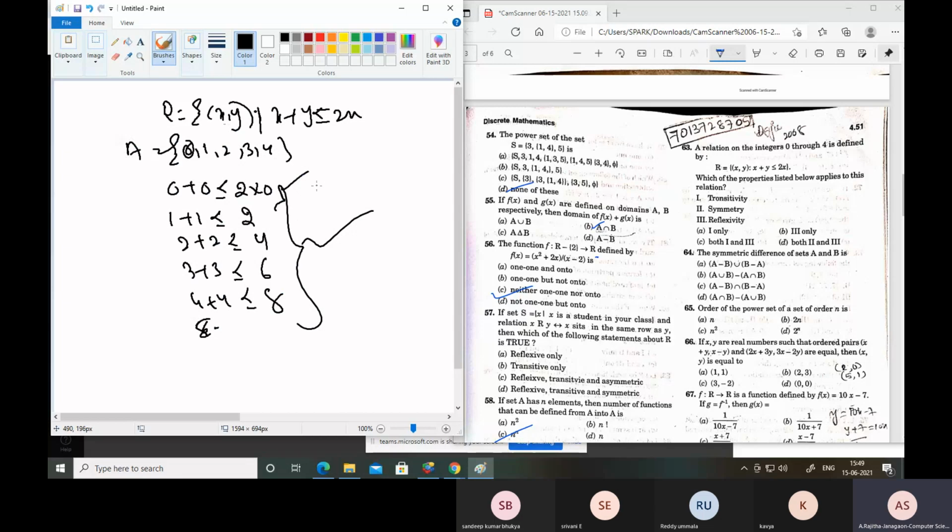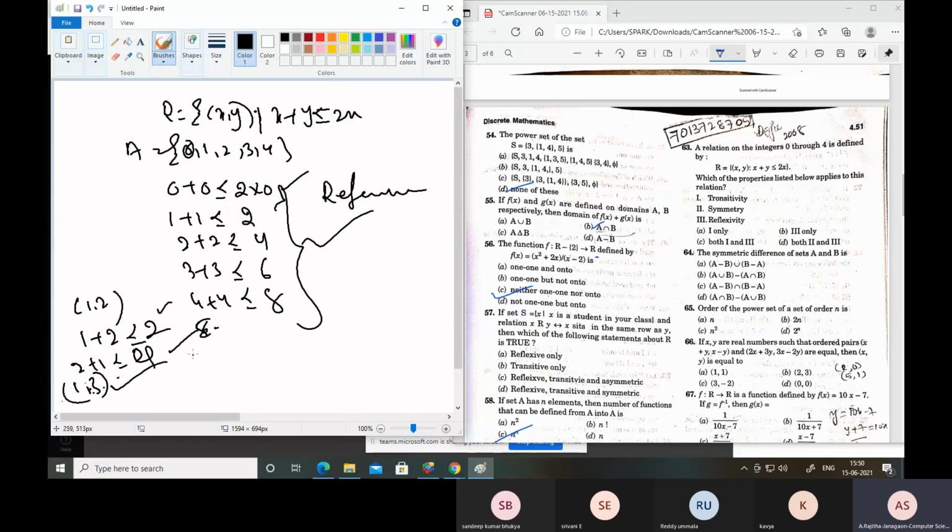And coming to transitive, suppose 1 comma 2 is there. That is 1 plus 2 less than or equal to 2 into 2, and 2 plus 1 less than or equal to 2 into 4. It satisfies. Suppose 1 comma 3. So 1 plus 3 less than or equal to 2, and 3 plus 1 less than or equal to 6. It is also satisfied.